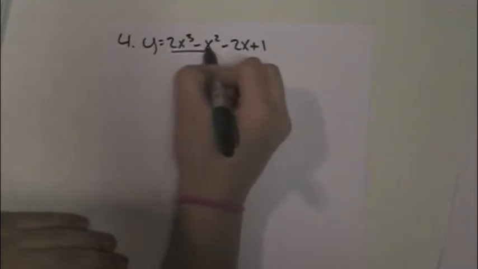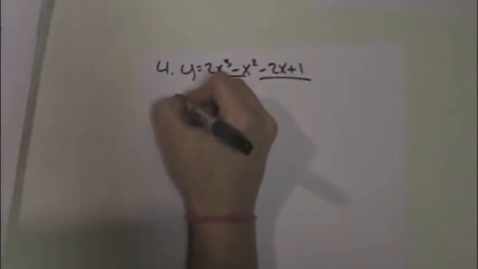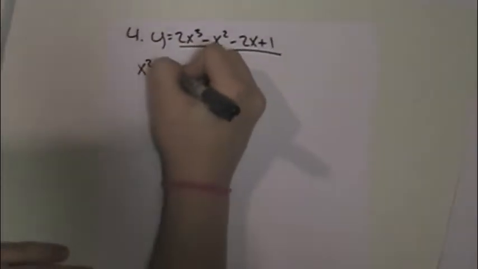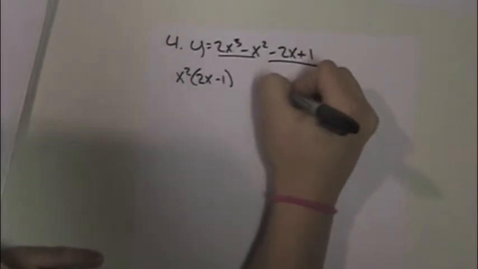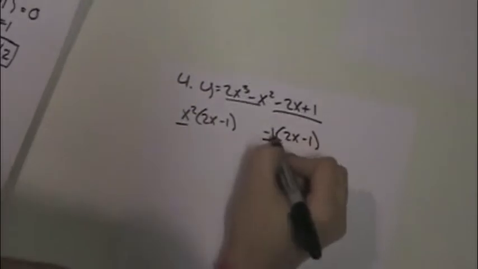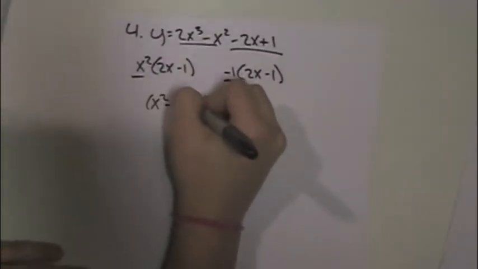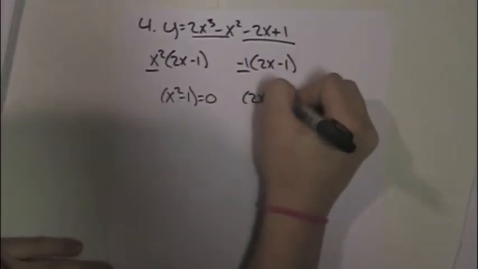Okay. You have to group these into separate equations. And for the first one, you can take out an x squared, so you're left with 2x minus 1. And the second one, you can take out a negative 1, and you're left with 2x minus 1. Then you take the first two, put them together over here. And then since these are the same, you just keep it.